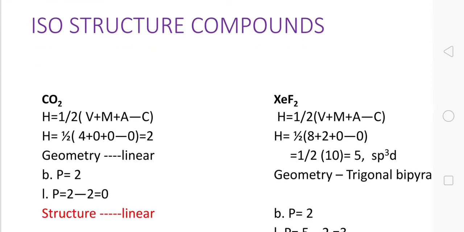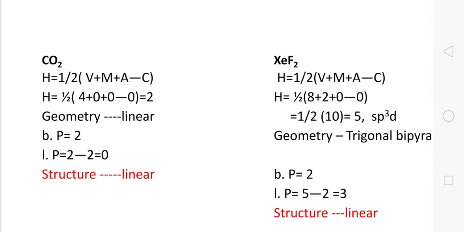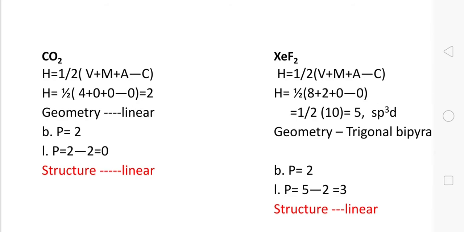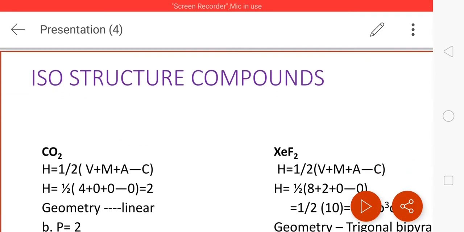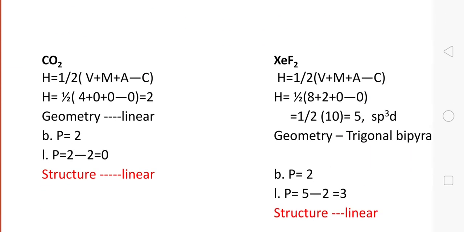So here are isostructural compounds. You see CO2 and XeF2. If you calculate hybridization, the geometry of CO2 is linear and the structure is linear.